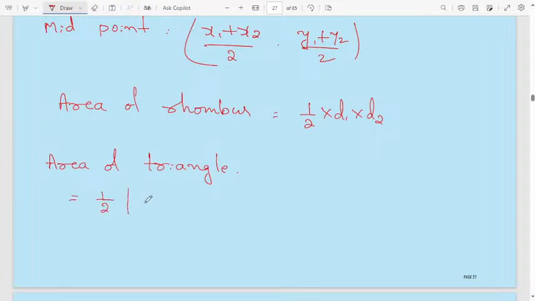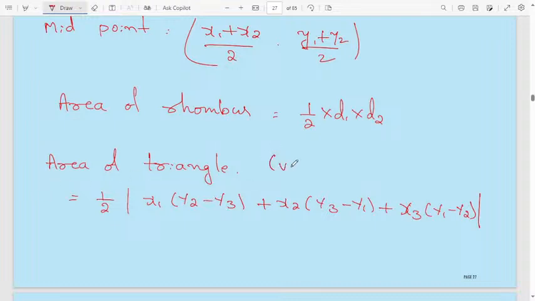We will use this for the area of the triangle when vertices are given.